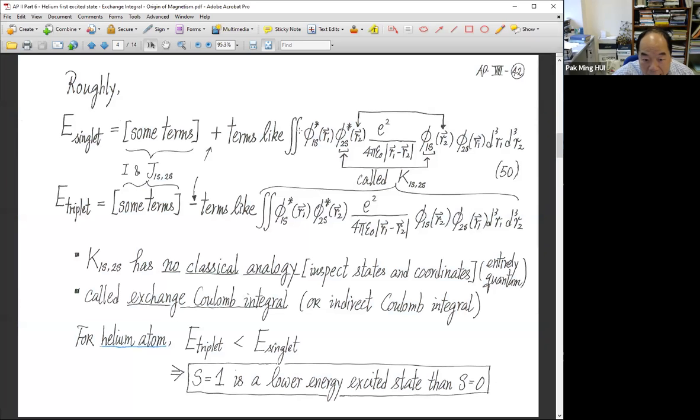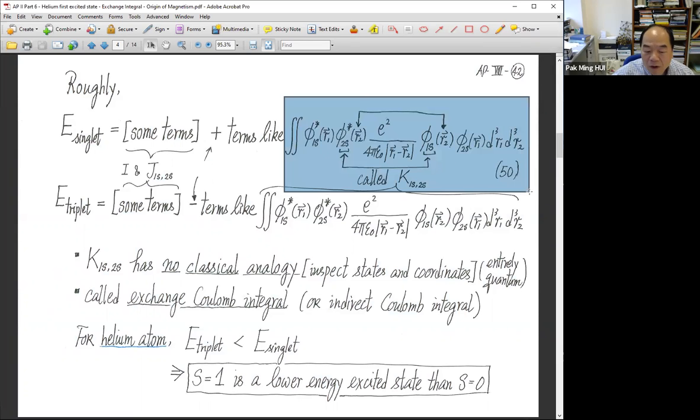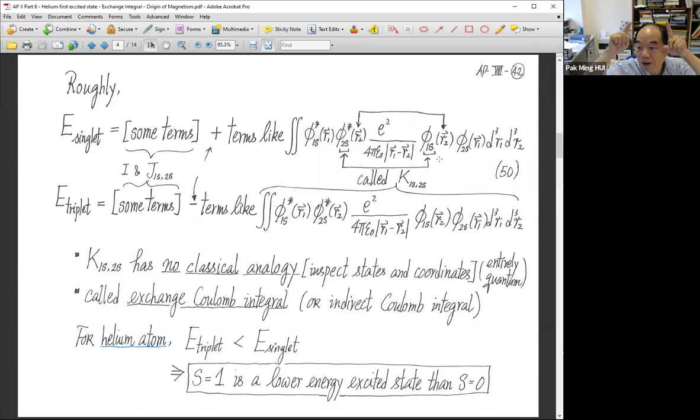Now, I have introduced this kind of integral before. First of all, it does not have classical physics interpretation because you don't see any wave function square so that you can interpret as density, probability density, okay? You don't.